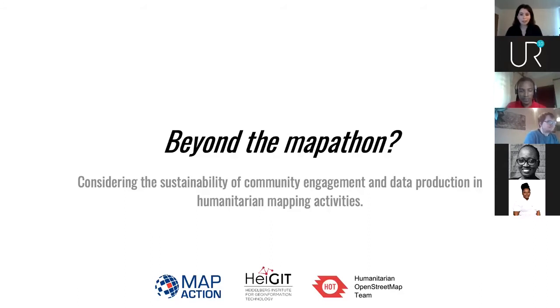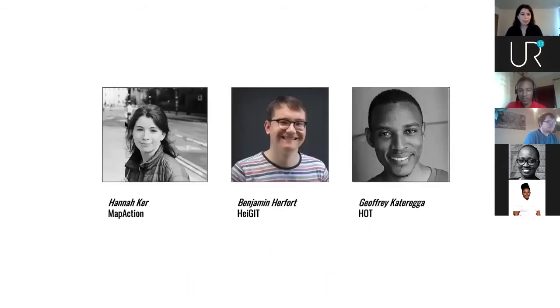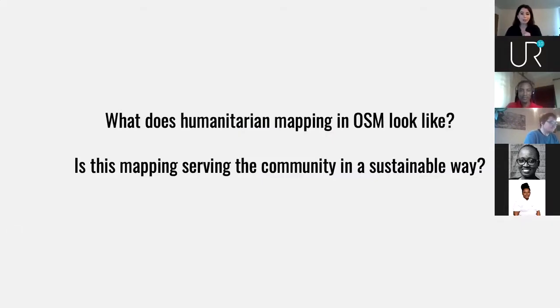Great, thank you. So I think if we could go to the next slide here, and the one after this. Thanks. Throughout this session, we're just hoping to touch on some pretty big questions. Firstly, what does humanitarian mapping in OpenStreetMap look like? And secondly, is this mapping serving the community in a sustainable way?